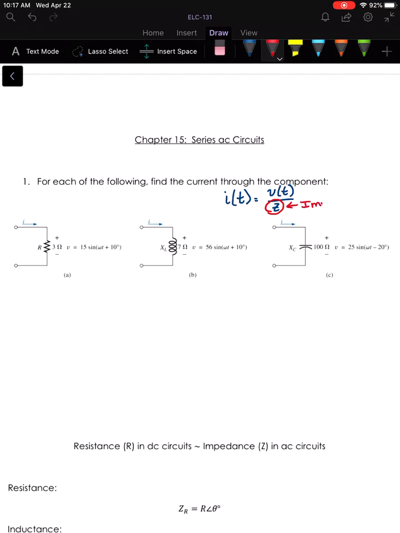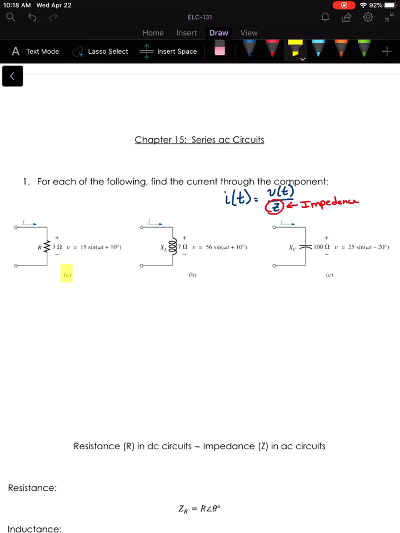So in AC, we're talking about phasors and impedance instead of a direct current signal and resistance, but everything else is going to apply just like you learned in DC.